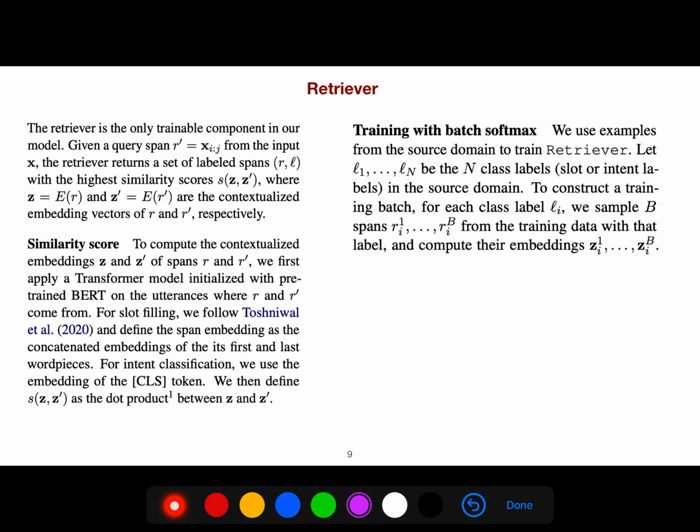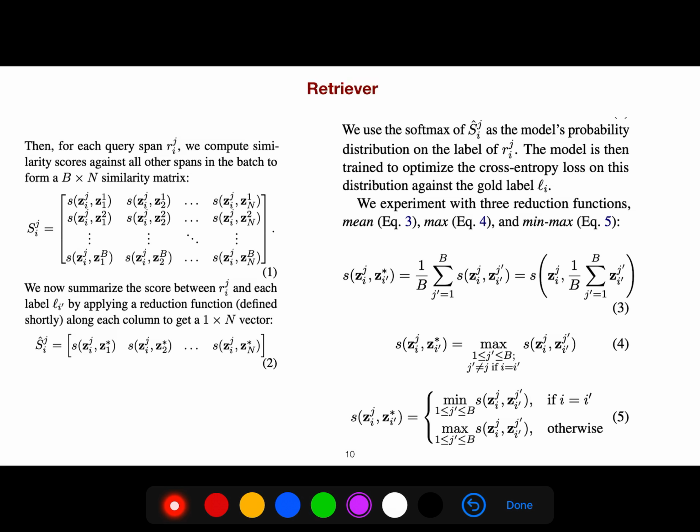Because the combinatorics is huge, they retrieve something that is more relevant. And they find a similarity score. And then for each query span, we compute a similarity score against all other spans.